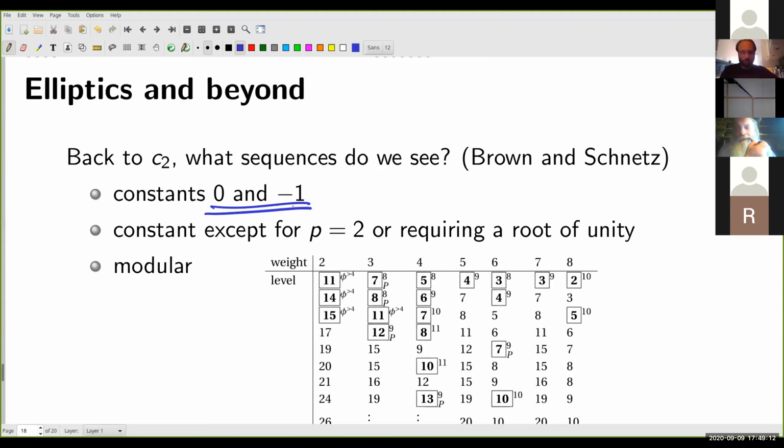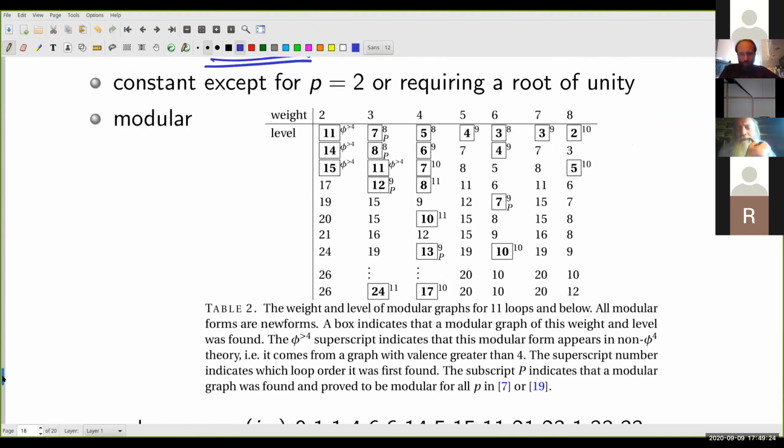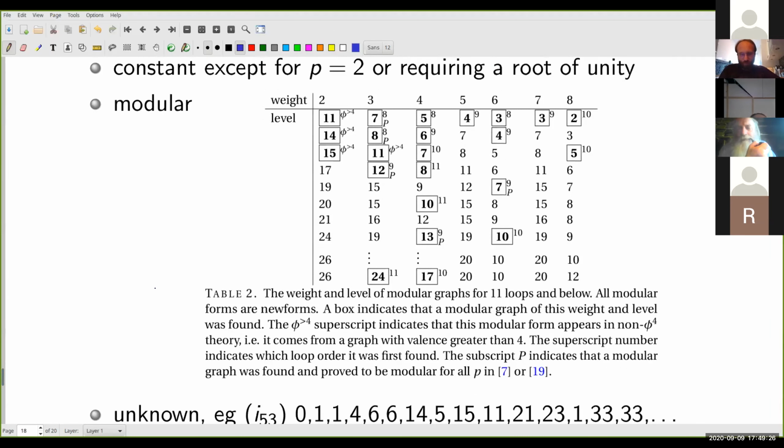And that's actually another nice conjecture, a graph theoretic conjecture, which I really like. There's also ones that are almost constant, like they have a problem at p=2, or you need to put in some roots of unity. Then one of the things that gets certain classes of number theorists exciting is you get the modular forms. So we're getting there, we're getting to elliptic here, right?